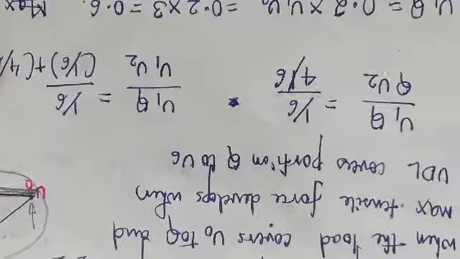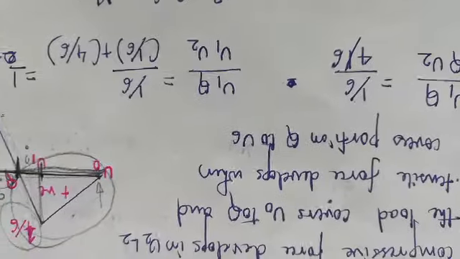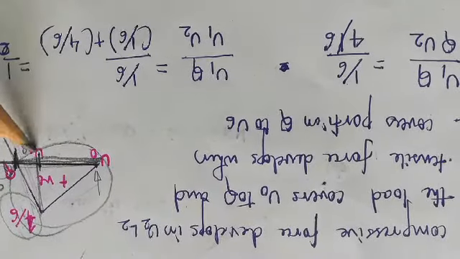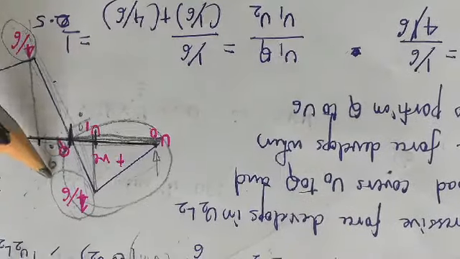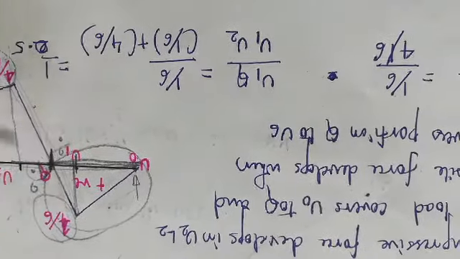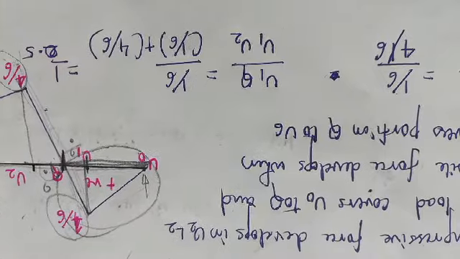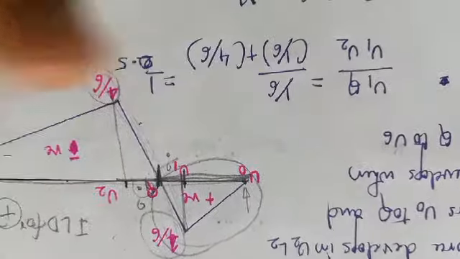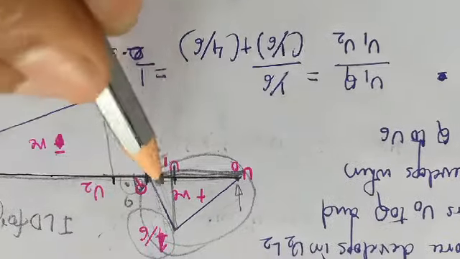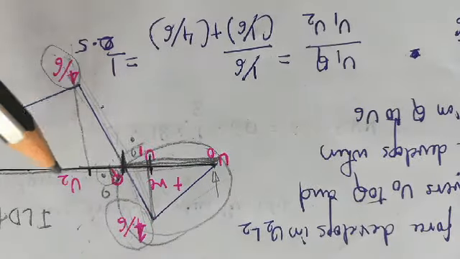So that is U1 Q divided by Q U2, which should be equal to 1 by 6 divided by 4 by 6. This is your normal similar triangles. Next, you know U1 U2.